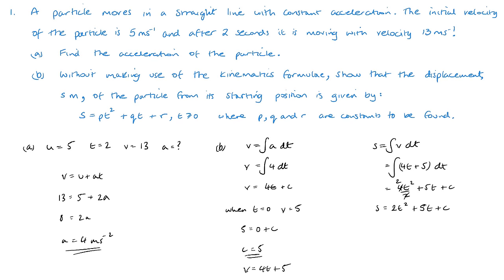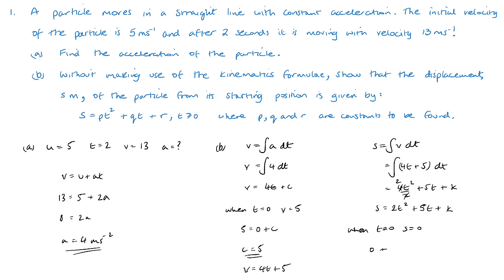And actually, because we've already used c in the beginning of part B, let's make this another constant instead. So I'll use k. So when t equals 0, s equals 0.